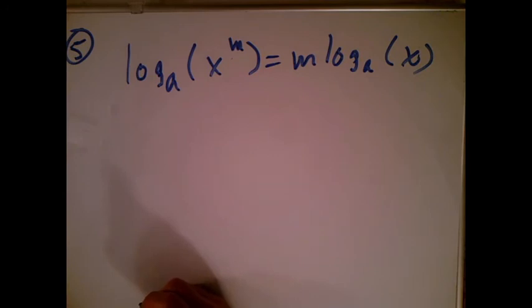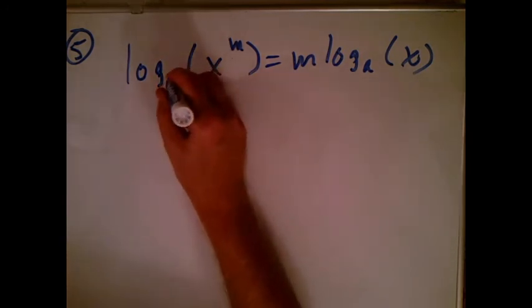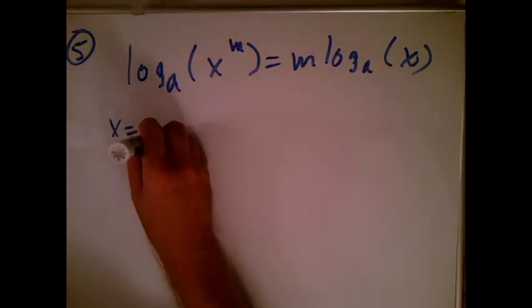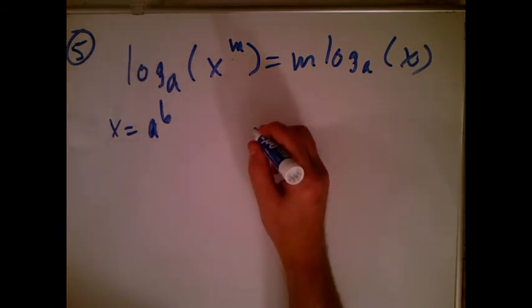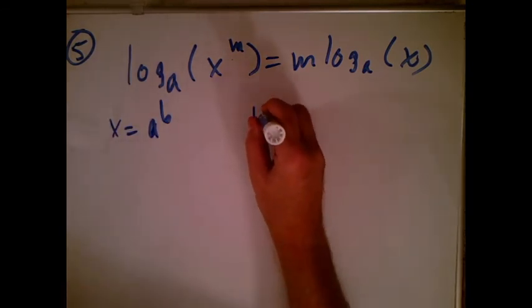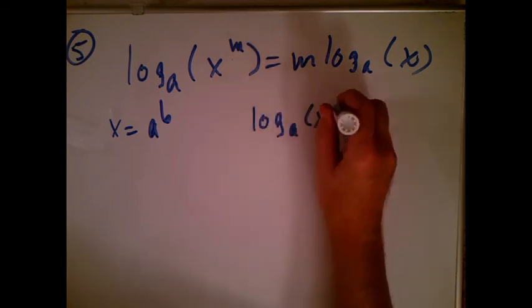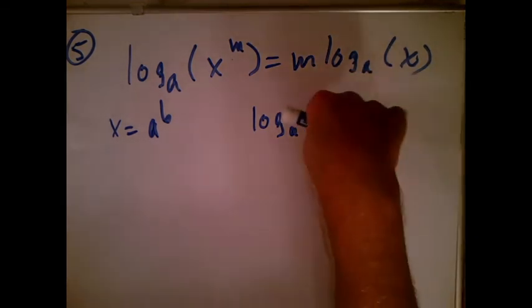Now what I want to do is start on the left-hand side. And what I'm going to do is start out the way we did before. I'm going to write x as a to a power because log is going to require that. Remember, that's exactly the same as saying that the log base a of x equals b. And I can check that by going a to the b equals x.